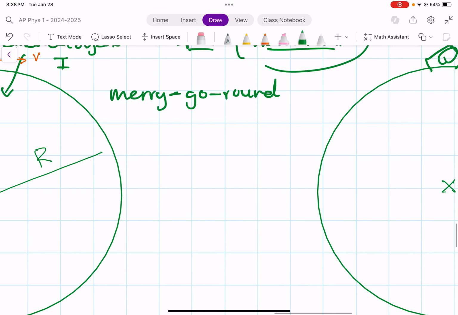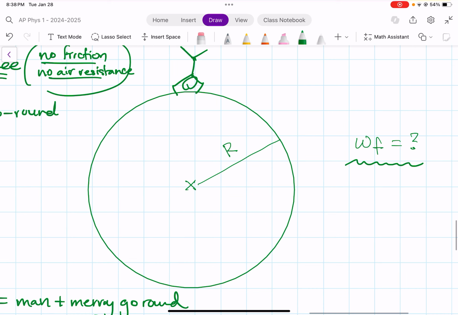Once the man is now on the merry-go-round and they're both rotating with some final angular velocity, think about I, right? So I was defined as the sum of each little piece of mass times its respective radius squared.